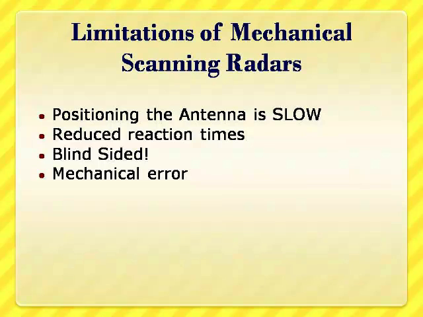But the present day targets are moving with very high speeds, and to track them we need very high speed tracking mechanisms. Mechanical movement of the antenna is not going to be sufficient for these things. So people have switched over to electronic means.